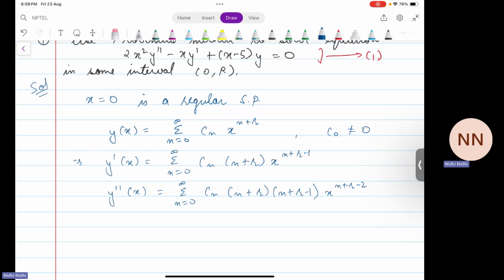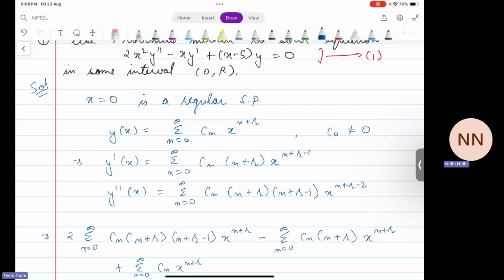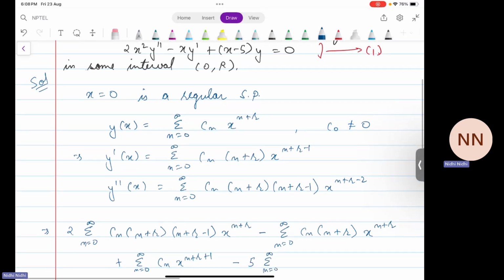Now putting the values of y, y dash and y double dash in equation first, we get 2 summation n from 0 to infinity Cn n plus r n plus r minus 1 x to the power n plus r minus summation n from 0 to infinity Cn n plus r x to the power n plus r plus summation n from 0 to infinity Cn x to the power n plus r plus 1 minus 5 times summation n from 0 to infinity Cn x to the power n plus r is equal to 0.